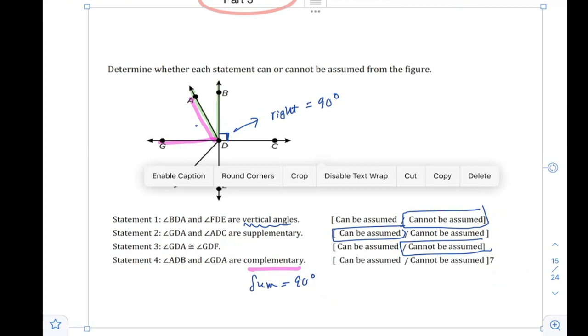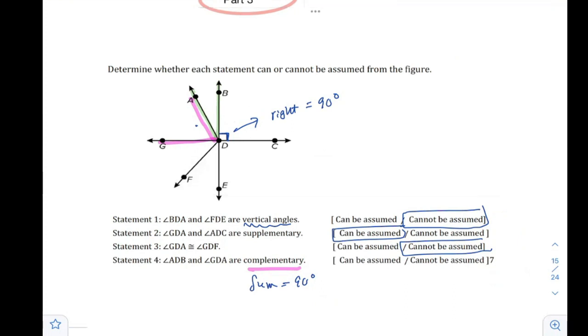That means, if you look here, this is the line. So the other one, this angle, is also 90 degrees. So the sum of the other two angles is also 90 degrees. That means angle 1 and angle 2 that he has mentioned together form a right angle. So they are supplementary. Yes, we can assume that.